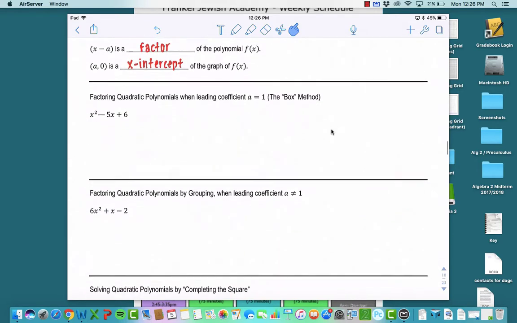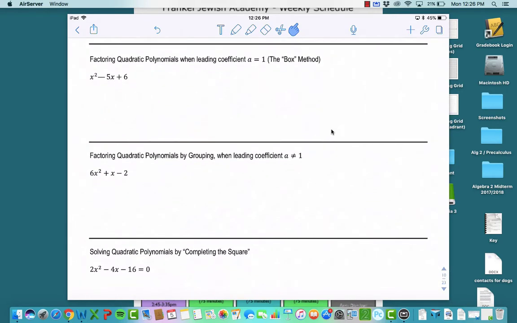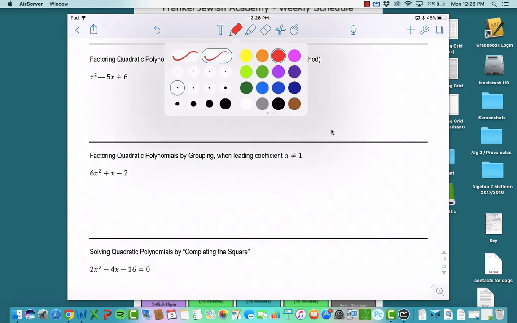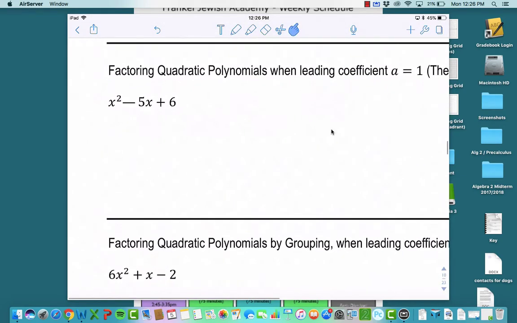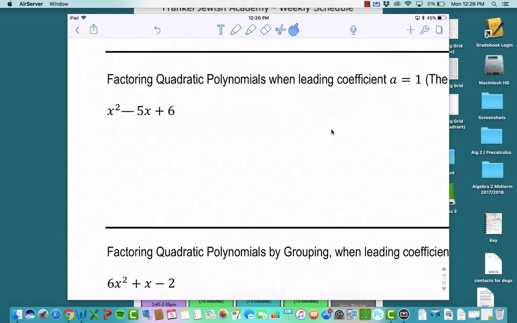So let's talk about some factoring stuff. We first did this in Chapter 5, but we can factor with the Mr. Wrap box method. You can also factor these mentally if you don't need a method. To do the box method, you set up your box. You put x squared up here with 6, and then negative 5x goes down here.